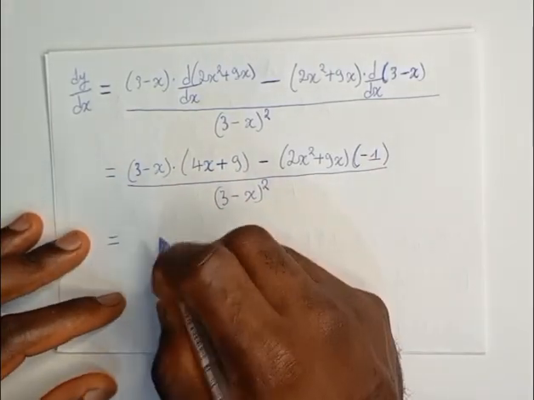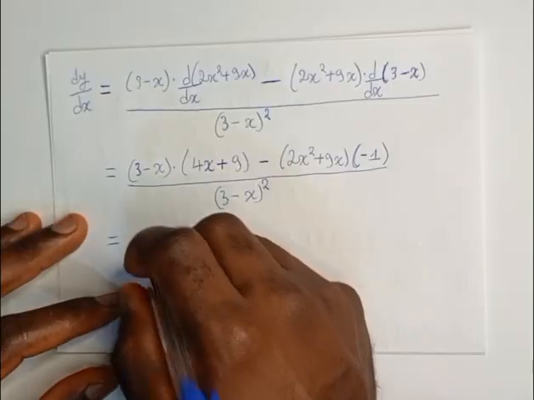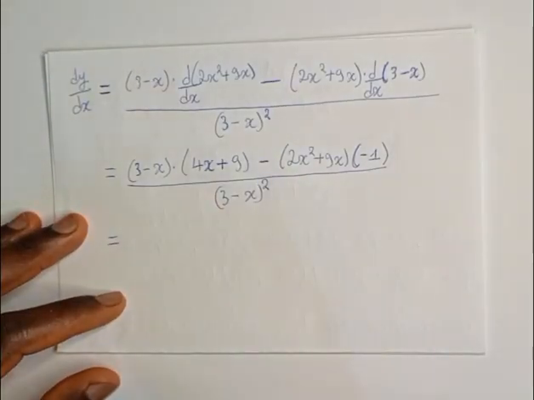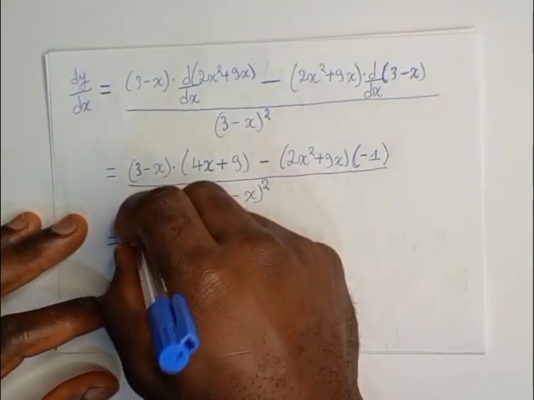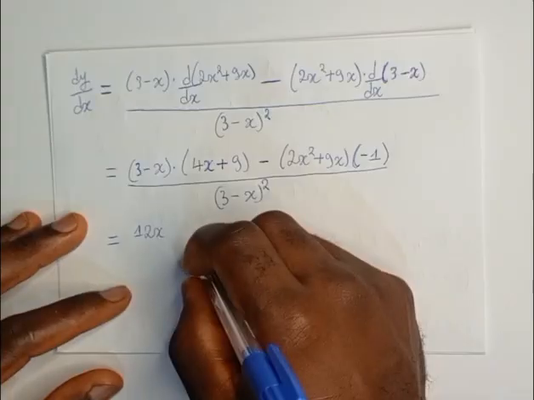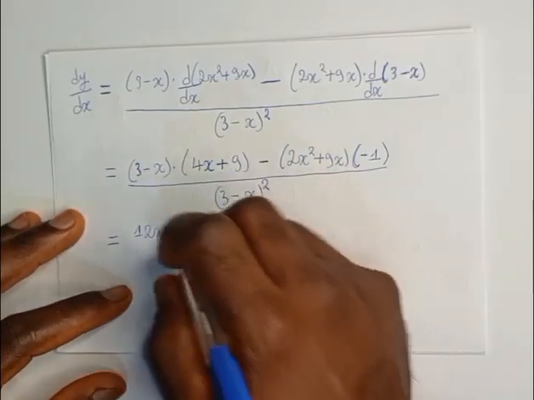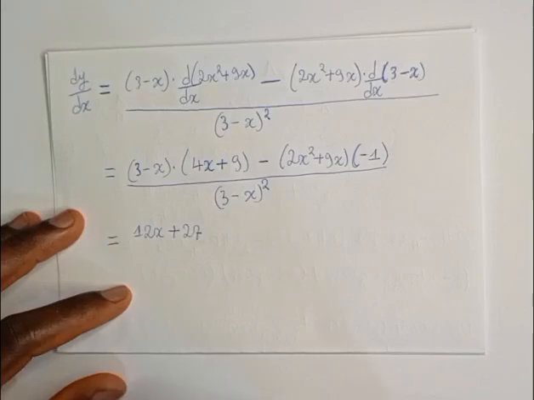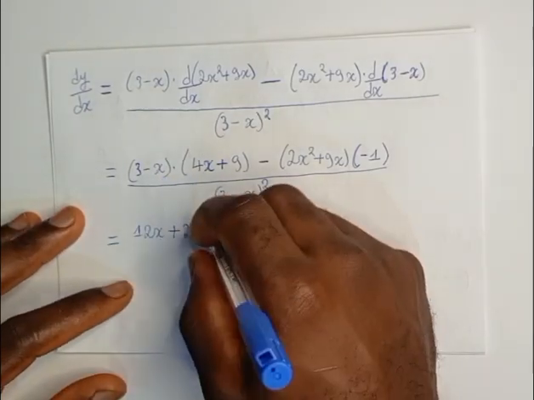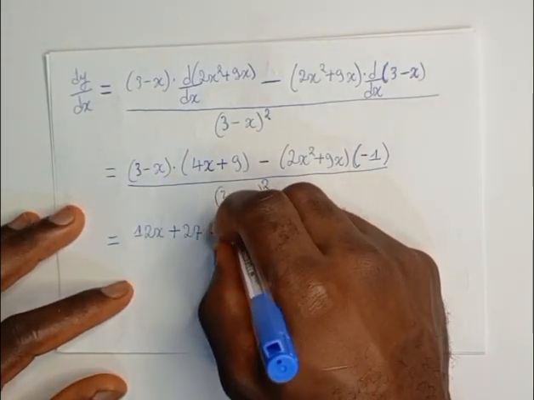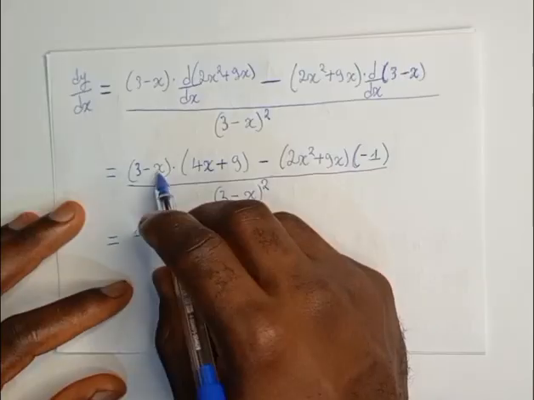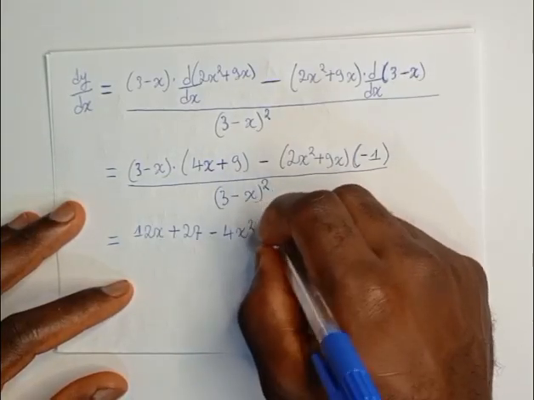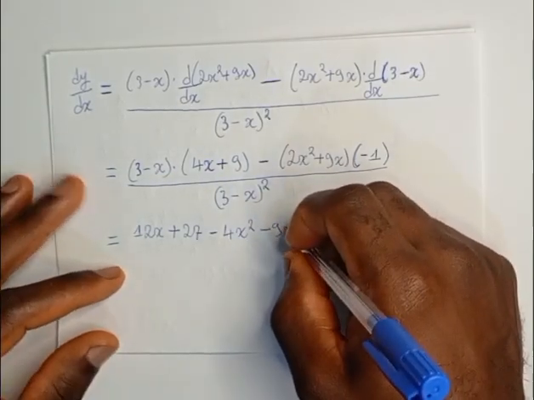This will simply be equal to, if you expand the brackets, 3 times 4x gives us 12x, 3 times 9 gives us plus 27. Negative x times 4x gives us negative 4x squared. Negative x times 9 gives us negative 9x.